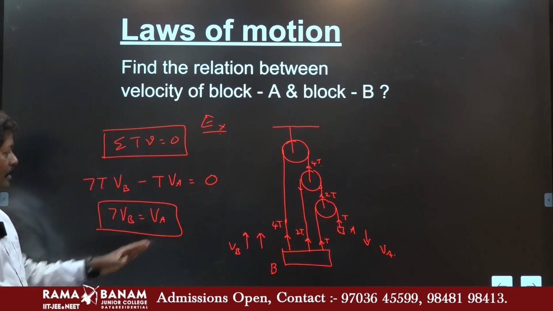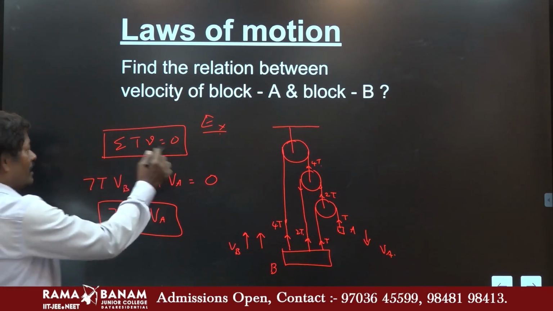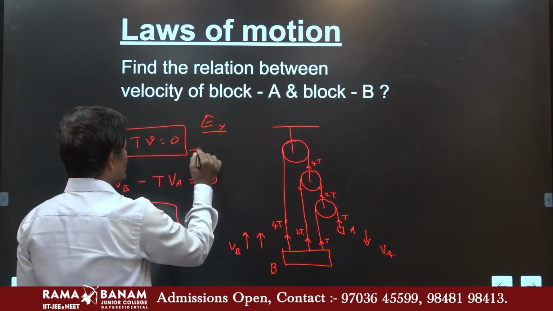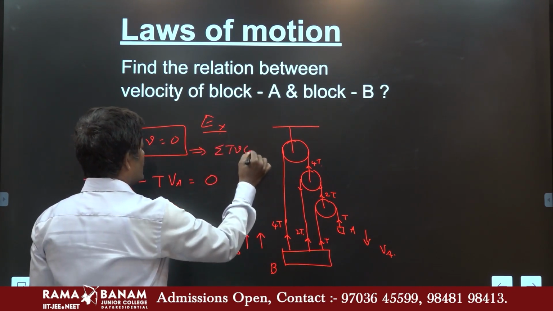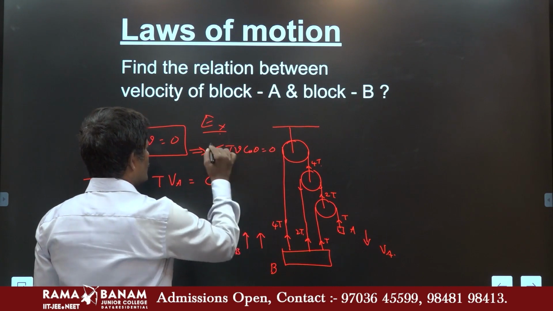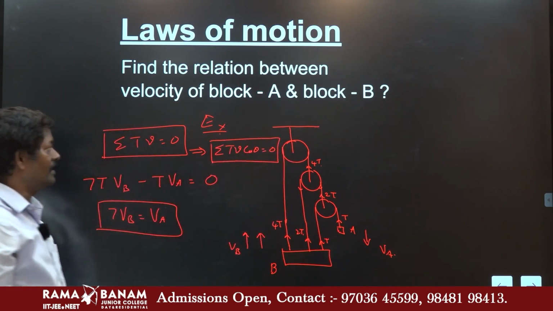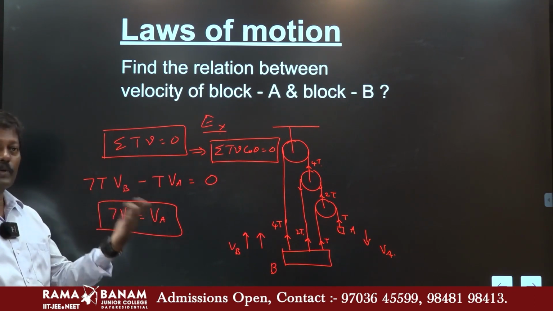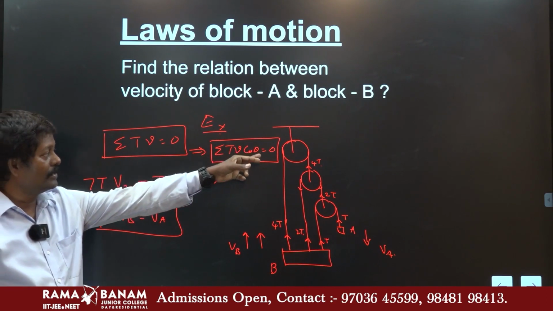Okay, so this is how we solve the problem. Work done by the internal forces is 0. The better form of writing this is sigma TV cos theta is 0. So this is the better way of writing. If the angle is either 180 or 0, then I have to write sigma TV cos theta equal to 0.